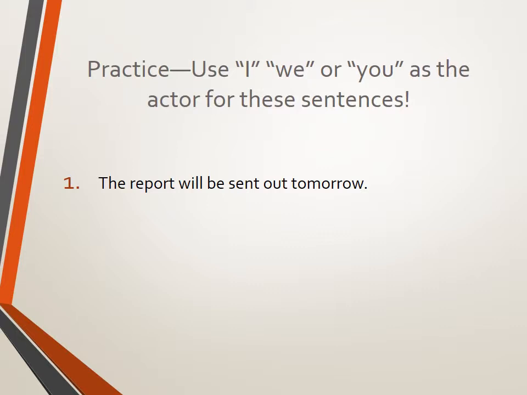The report will be sent out tomorrow. You will send out the report tomorrow. And in this case, you can sometimes make it even more imperative by making it into the command form where the you is implied. So we can just say, send out the report tomorrow, assuming that I've already sent that email to a specific person.